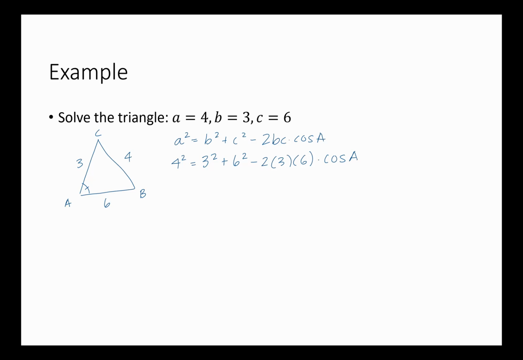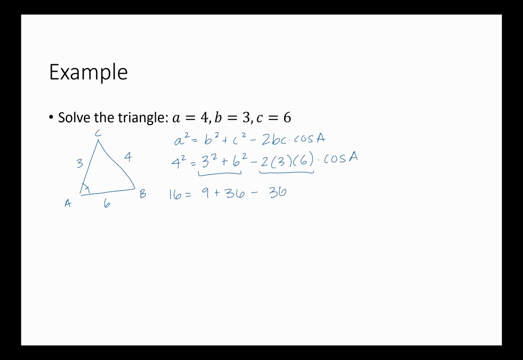Okay, so this is where things get tricky. We cannot combine all of this together because there's a multiplication symbol here. So we need to combine these together, combine these, and then we'll slowly start to make it work. So I get 16 equals 9 plus 36 minus, now I'm going to multiply this, so that would be 6.